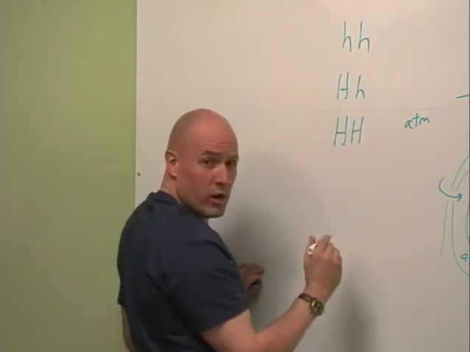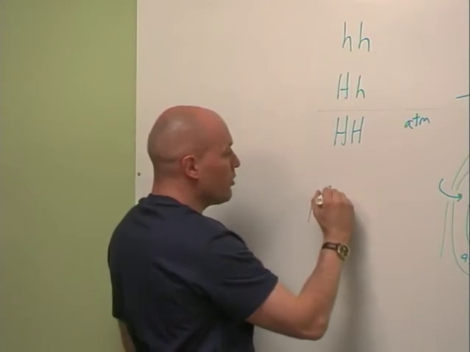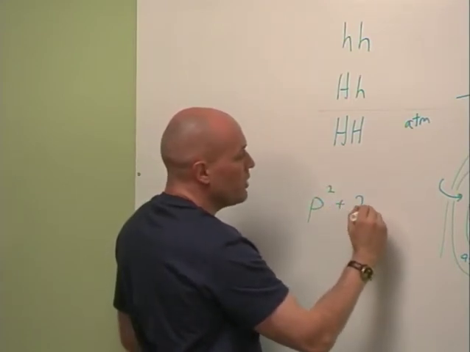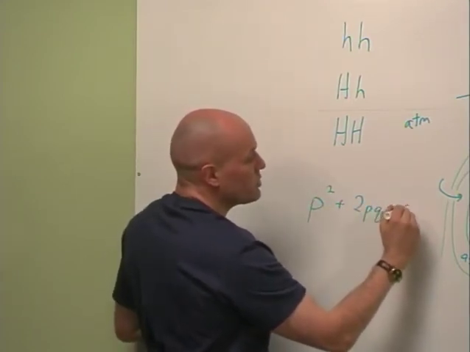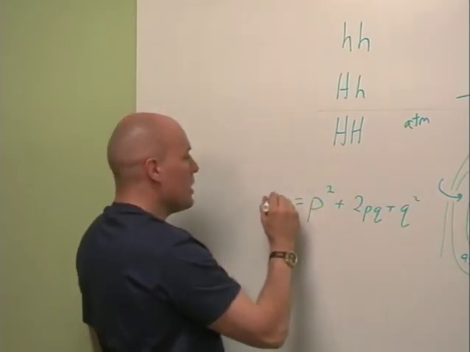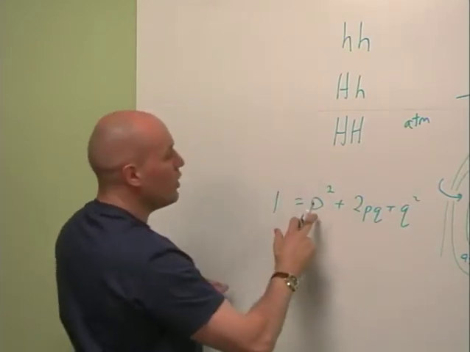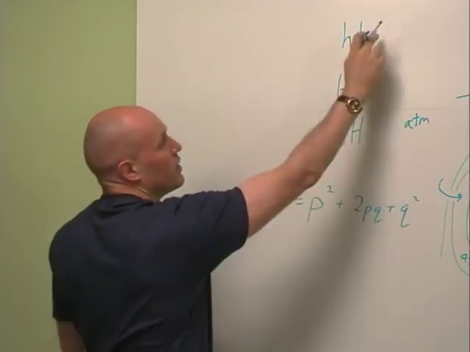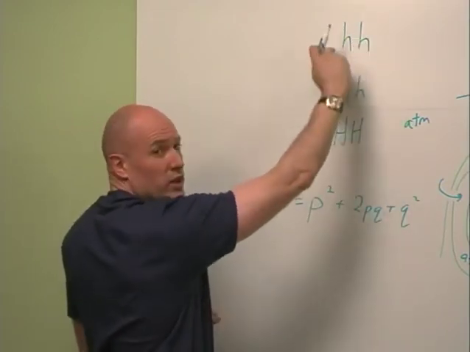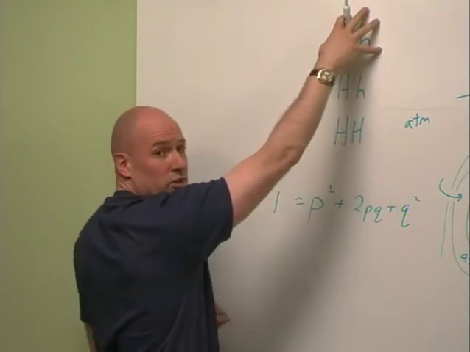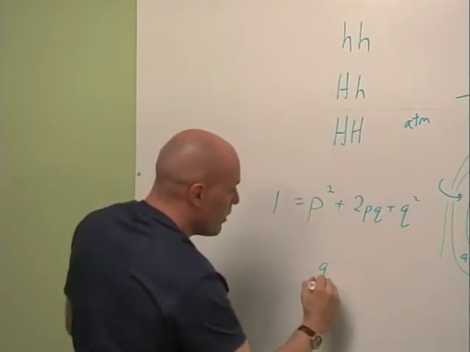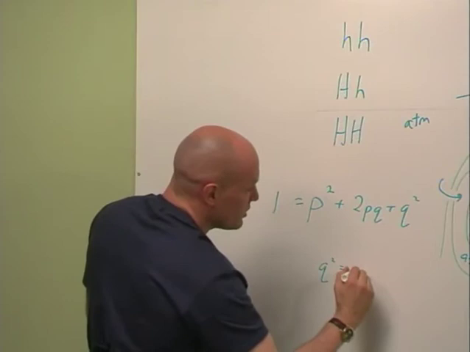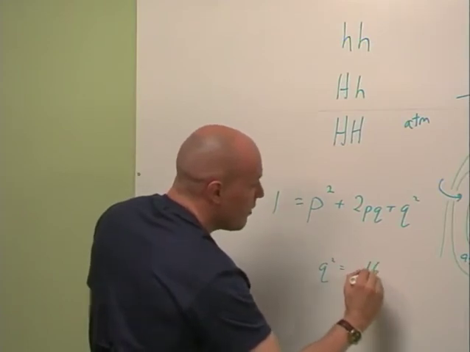Now there's a formula here that you want to know. It's just the binomial theorem, p squared plus 2pq plus q squared, and this equals 1. And we know that q squared is going to be the percentage of people that have this genotype. So q squared equals this fraction, 0.16.